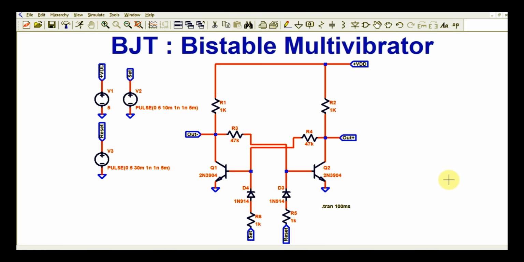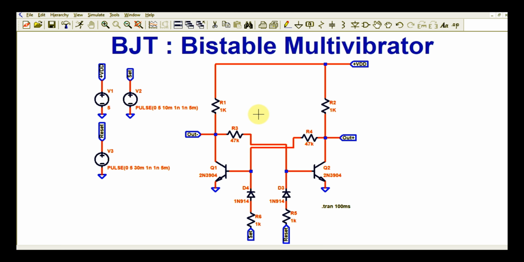Astable multivibrator is also known as free running multivibrator. So astable has no stable state, monostable has one stable state, and bistable has two stable states.